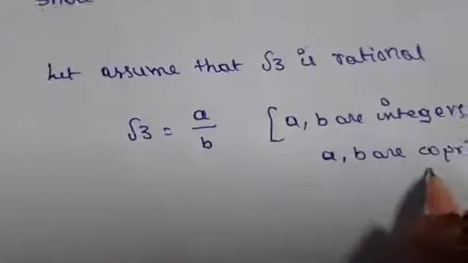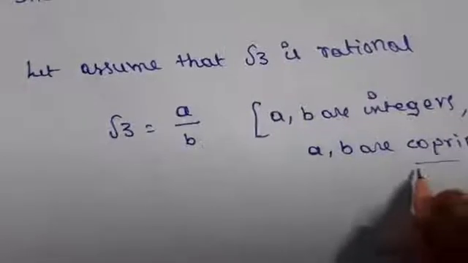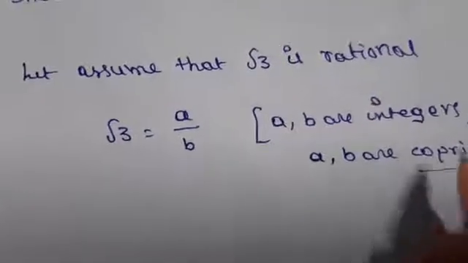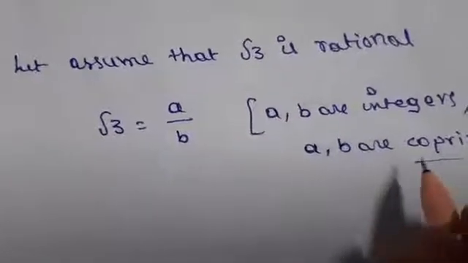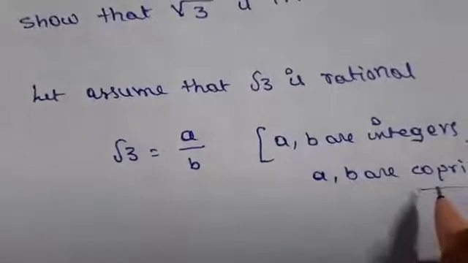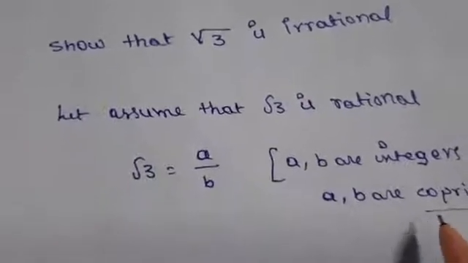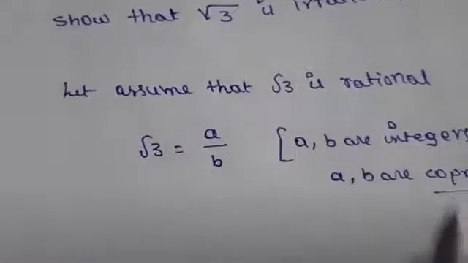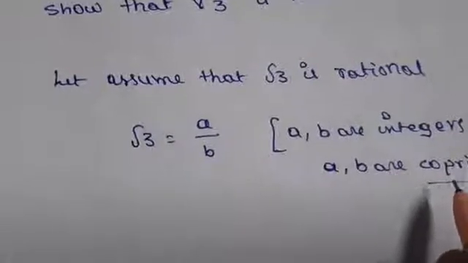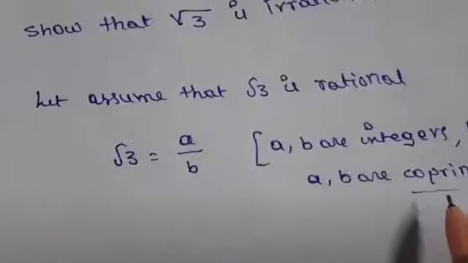Here the word coprimes. What is coprimes? Coprimes means numbers which have their common factor as 1. 1 is the common factor of the given two numbers. That is known as coprimes. Coprimes means they have only one common factor which must be 1.